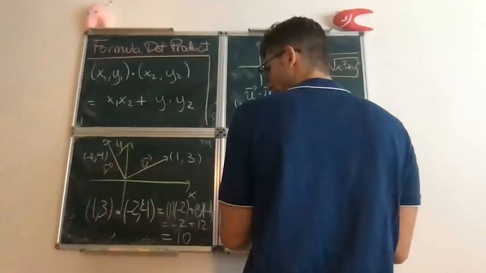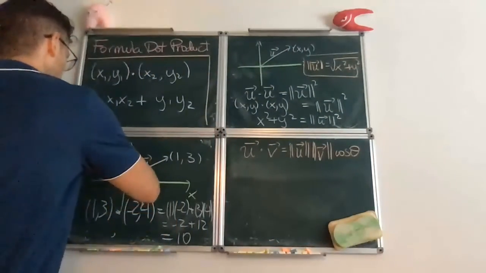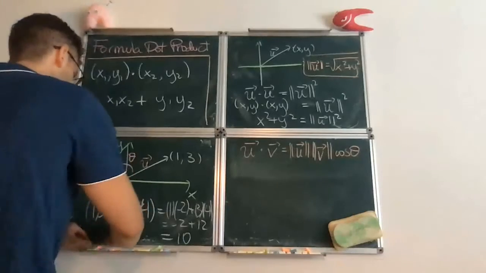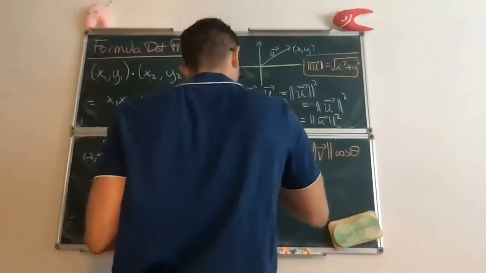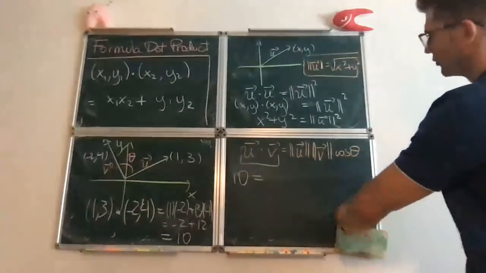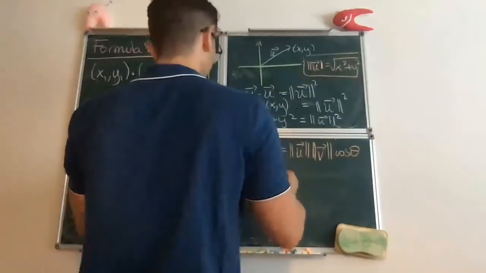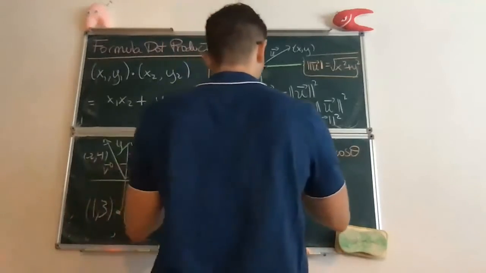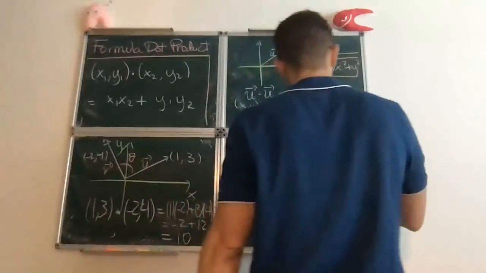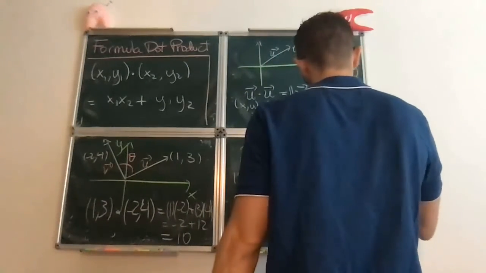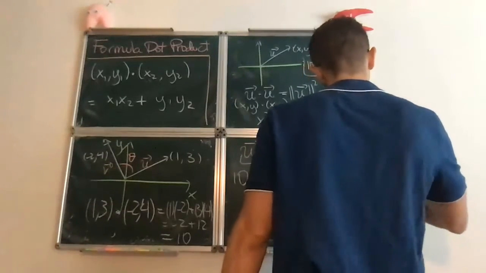So maybe from this picture, it's not clear how would you compute the cosine of the angle between them, theta, but we already know that the left hand side is supposed to be 10. If you use this formula that I just found, which is just Pythagoras theorem, the norm of U should just be the square root of 1 squared plus 3 squared. The norm of V should just be the square root of negative 2 squared plus 4 squared times cosine of the angle.